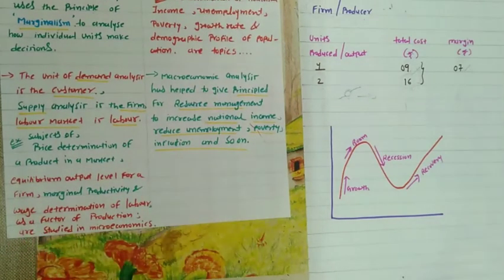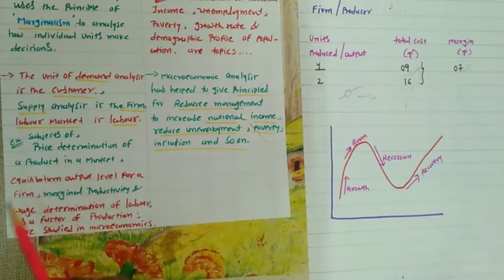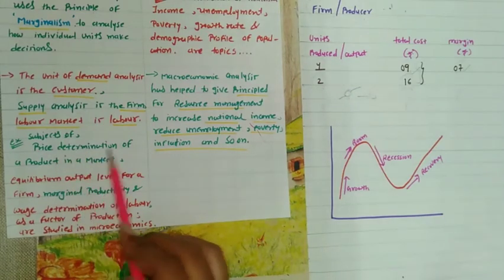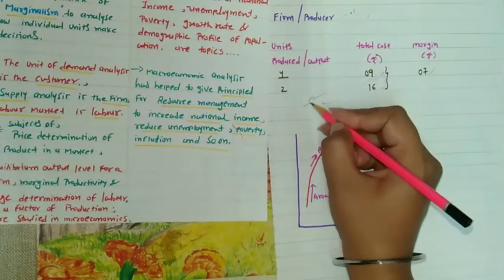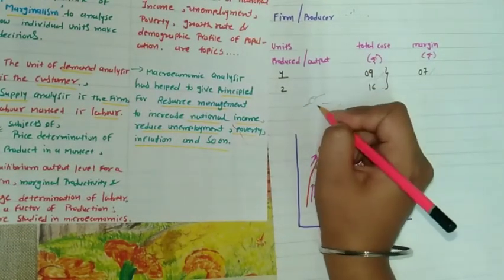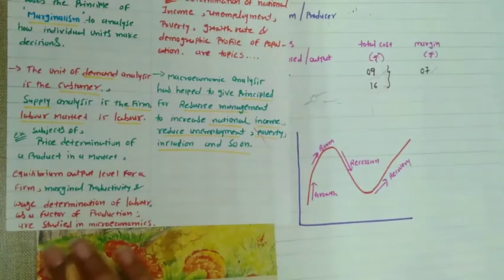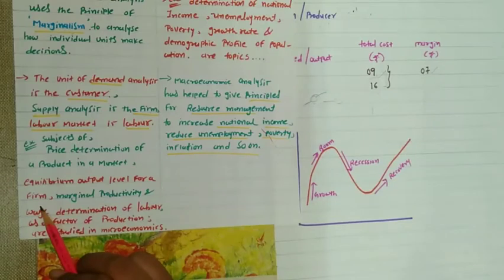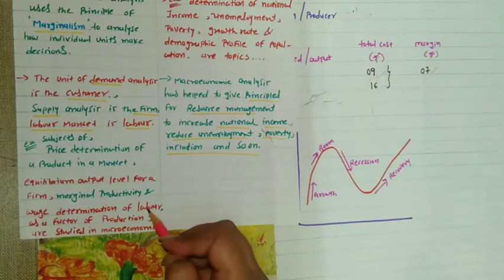Here, for example, the subjects are price determination of a product in a market. A very small word, microeconomics, where we determine the price of a product in a market. How much price should I put for this candy? The subjects included are the equilibrium output level for a firm, marginal productivity, and wage determination of labor.